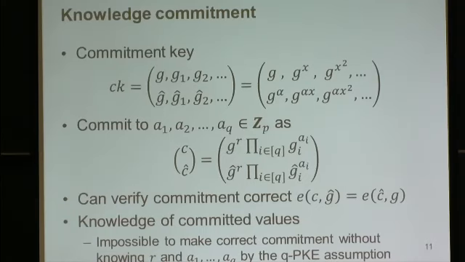So now we have a commitment which is just two group elements to a vector of values a1 through aq, and the verifier is guaranteed whenever it sees this kind of commitment that the prover knows a1 through aq. It knows how to open this commitment.